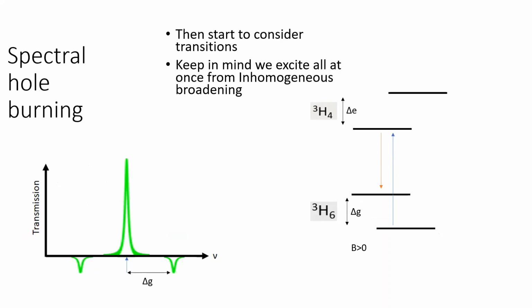With spectral hole burning, we create a hole in that inhomogeneously broadened absorption profile. So we had our 3H6 to 3H4 transition, and that absorbs light. But when we shine light on a particular frequency within that inhomogeneous profile, we drive population through the different levels that are available.